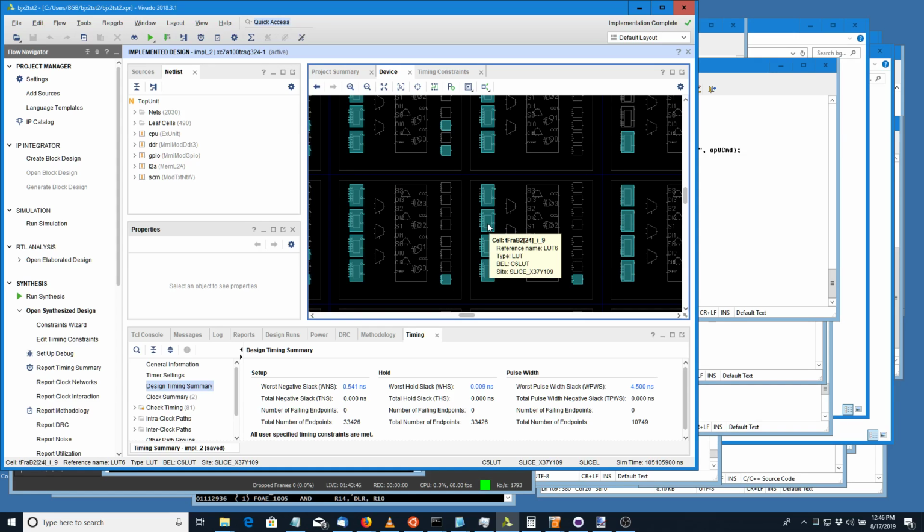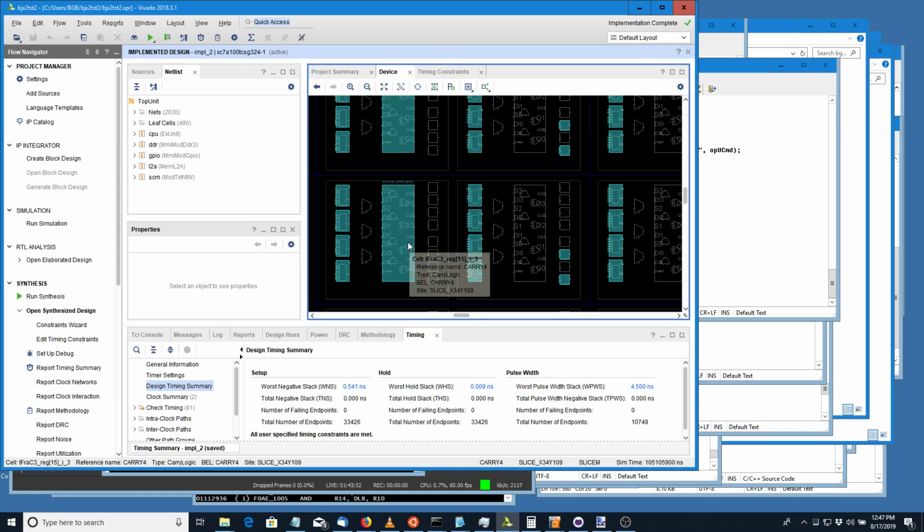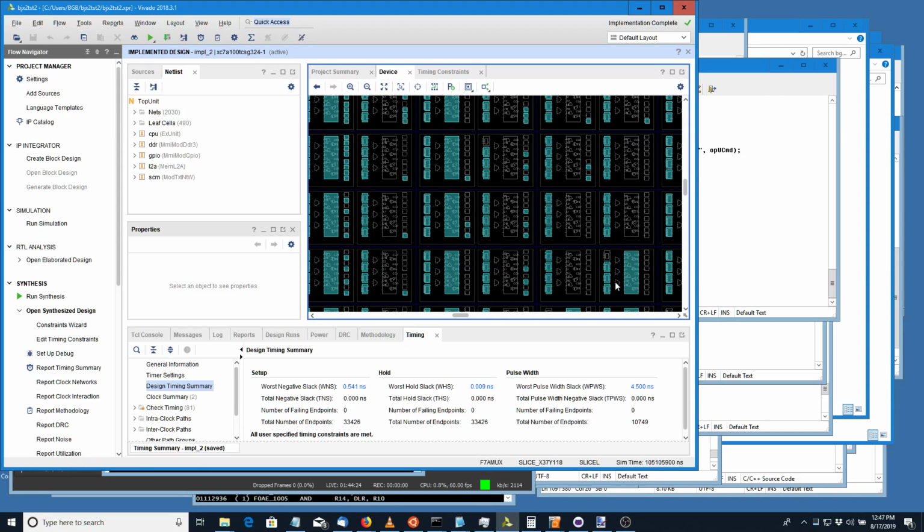Yeah, this one's a LUT 6, but no carries. So this one is using a carry, so that means it's adding a 4-bit number. And well, this one has 3-bit LUTs on it. So 4-bit LUTs and a carry.